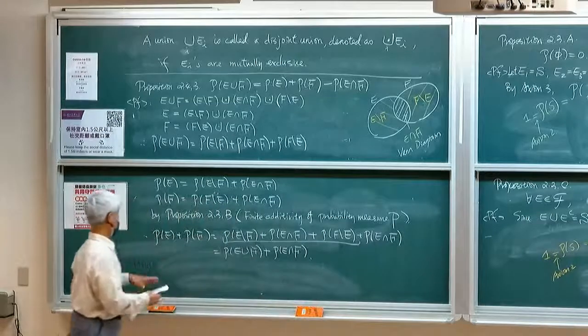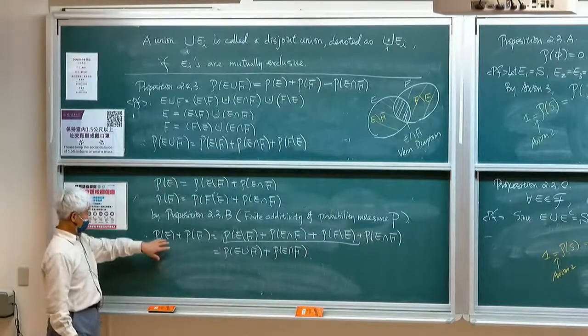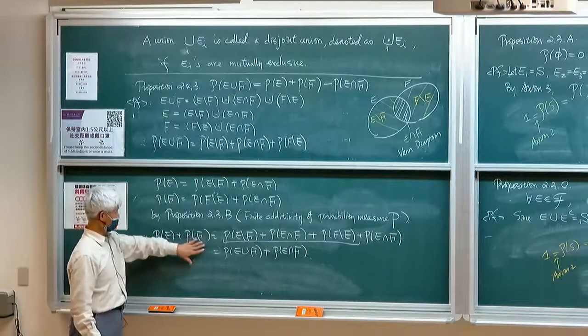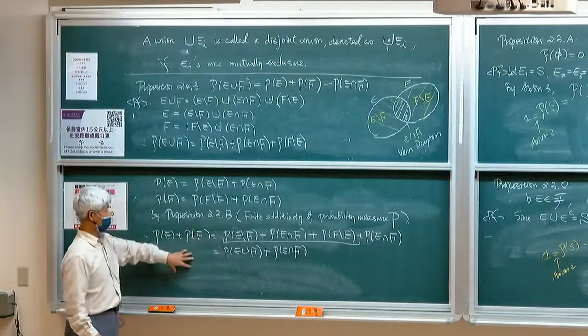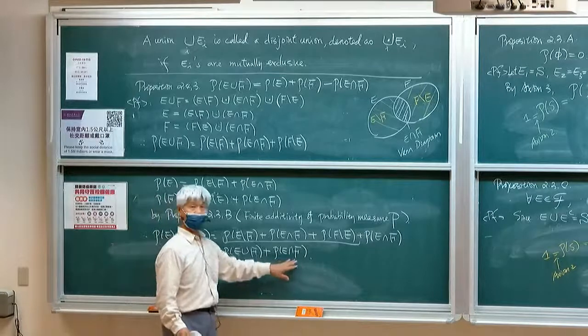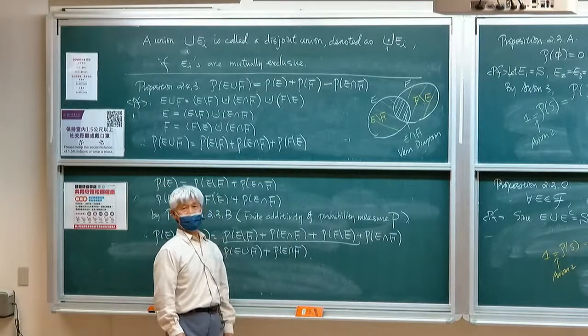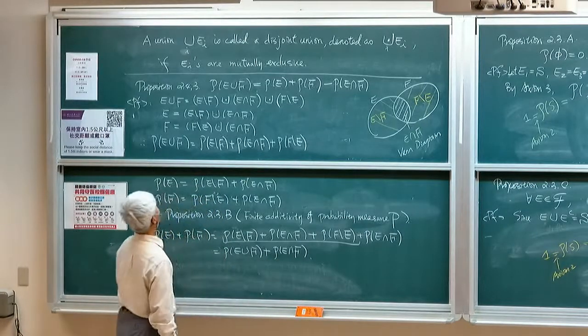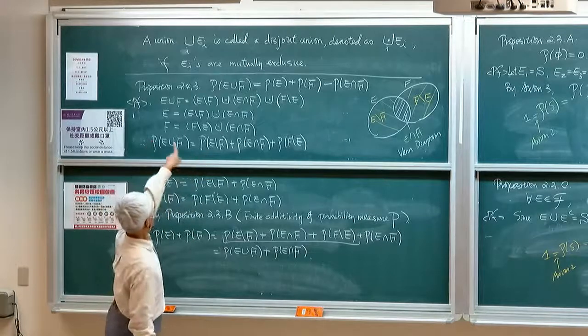So the addition of probability of E and probability of F is equal to the addition of the probability of their union and probability of their intersection. Okay, and so that is the proposition.